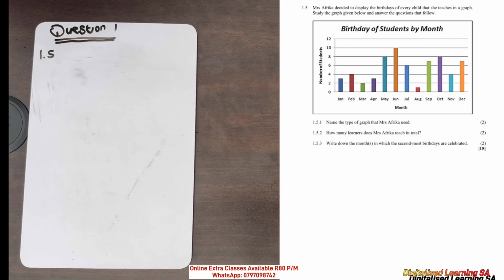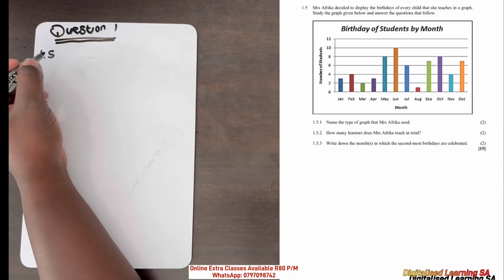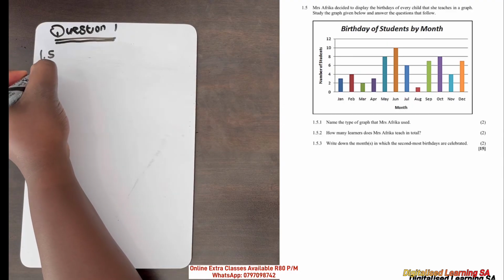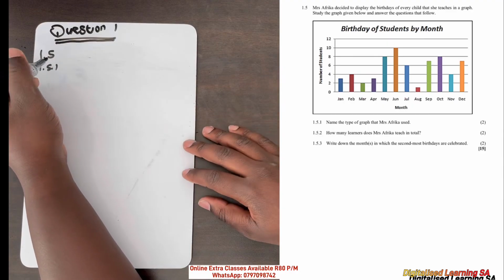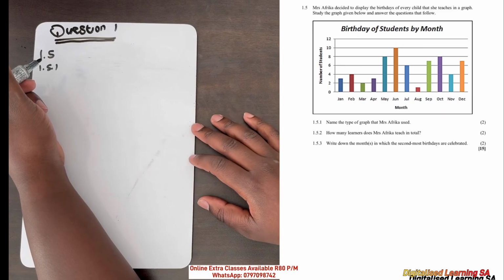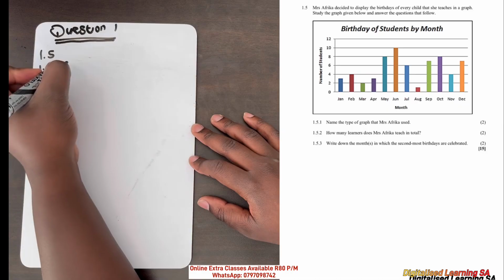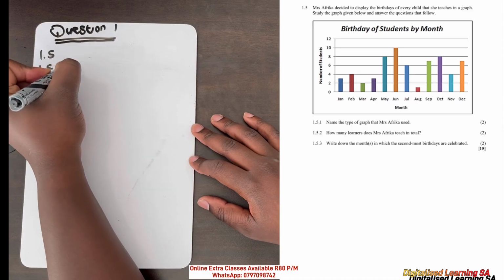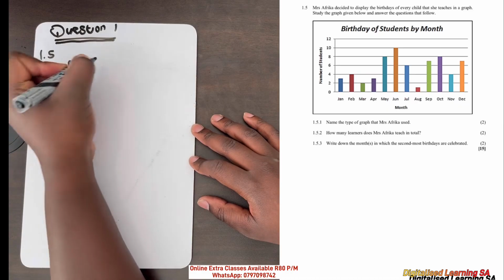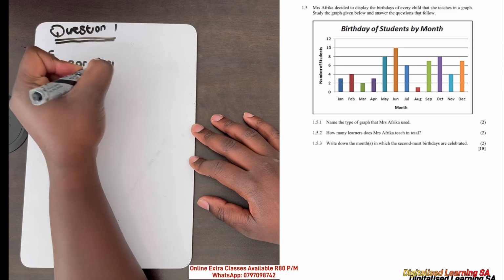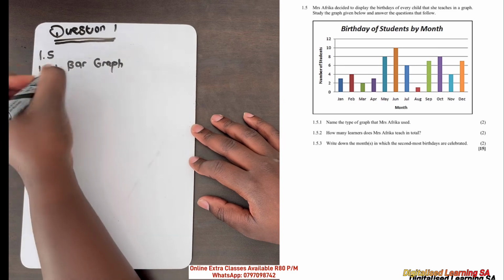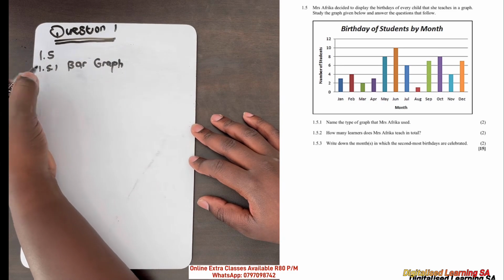Our first question is question 1.5.1, which says name the type of graph that Miss Africa used. The type of graph would be the bar graph.